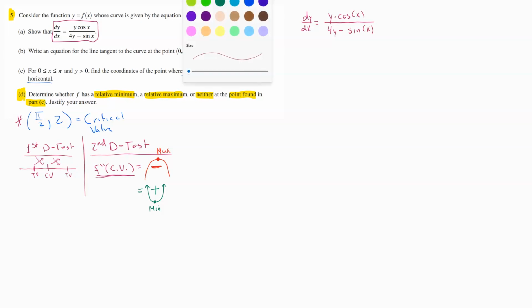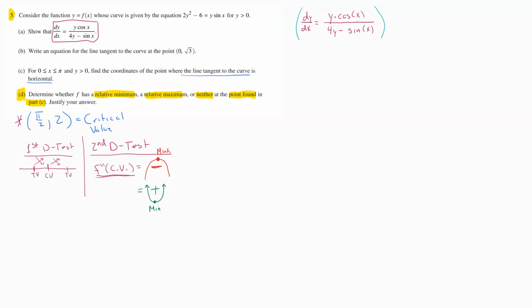To find this derivative, this is going to be more implicit differentiation like we did back on part A. To do implicit differentiation, you're going to wrap this in a set of parentheses and take d/dx of it. My saying when I do implicit differentiation is every time I take a derivative, I get extra stuff.